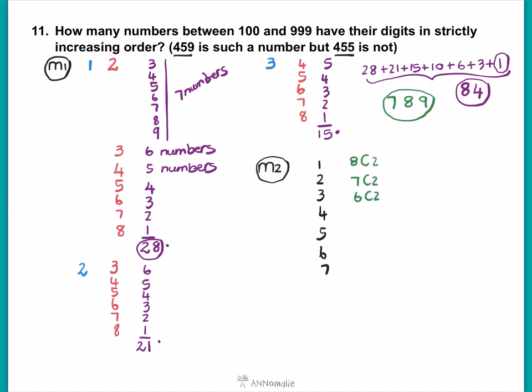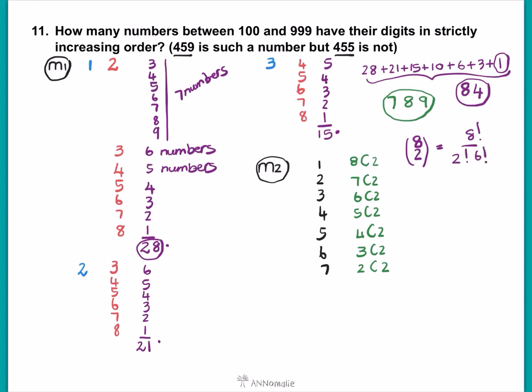Choose 2 from 6, choose 2 from 5 remaining, choose 2 from 4, choose 2 from 3, and choose 2 from 2. And that will give us, if we look at the formula, which we know now, 8 choose 2, an alternative way of writing this, is equal to 8 factorial over 2 factorial over 6 factorial.